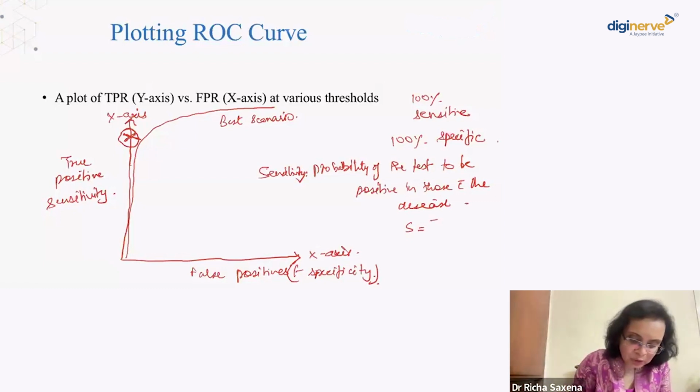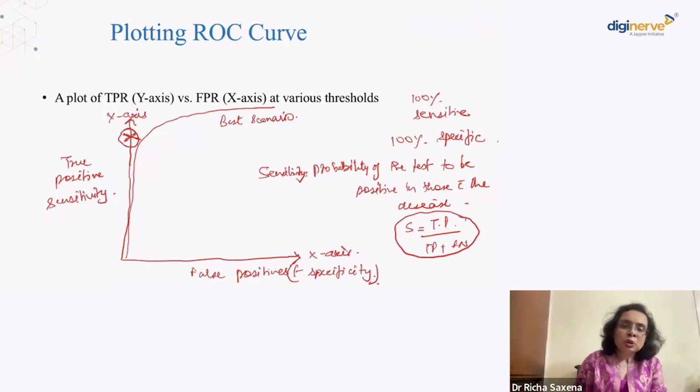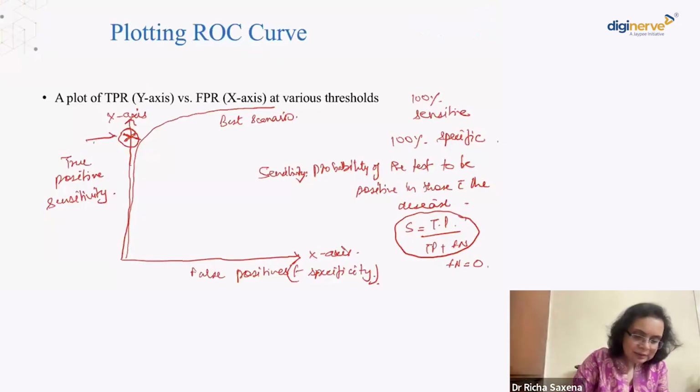So how do you calculate sensitivity? It is true positives divided by all those who have the disease. The true positives and the false negatives are those who have the disease. If the sensitivity is 100%, that means false negative is 0. That is what this situation would be representing.